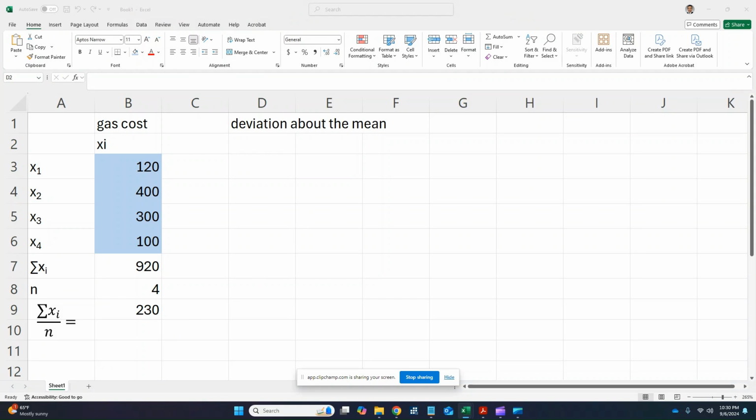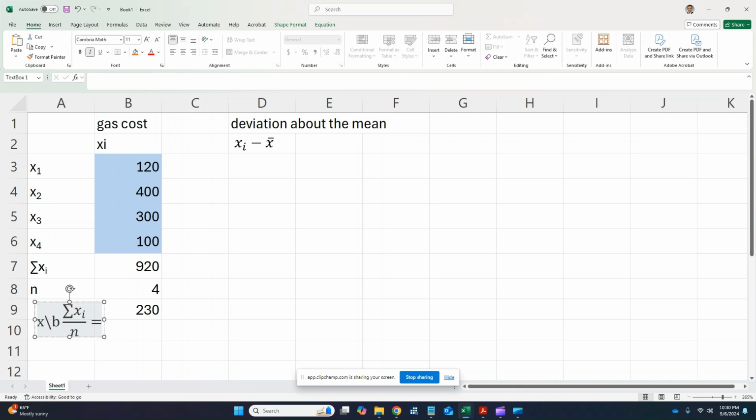X bar is the sample mean. So they're the same thing. X bar is the sample mean. So this is 230. And we're going to subtract 230 from each of these numbers.